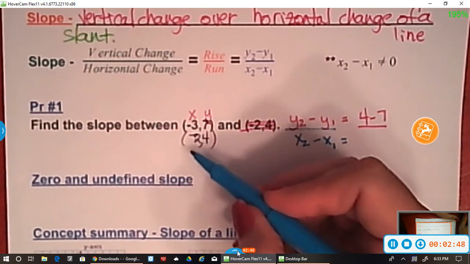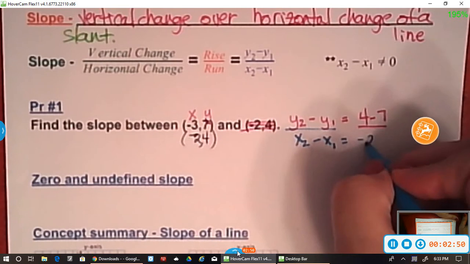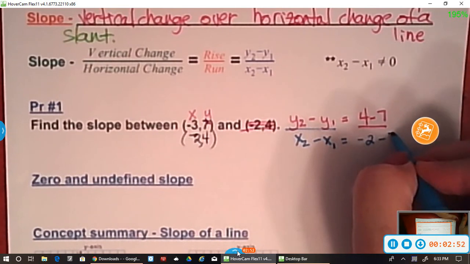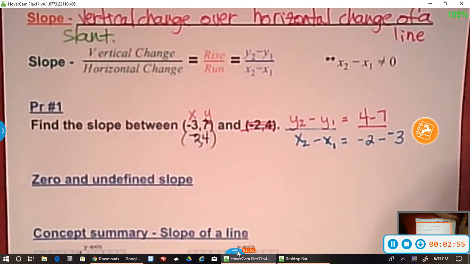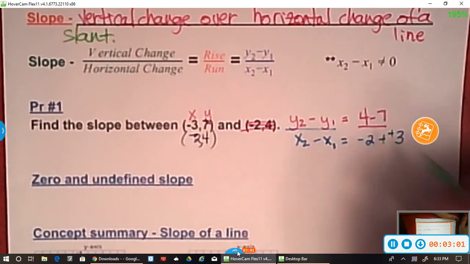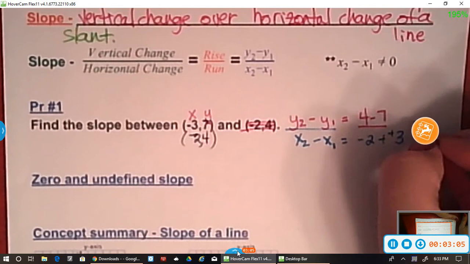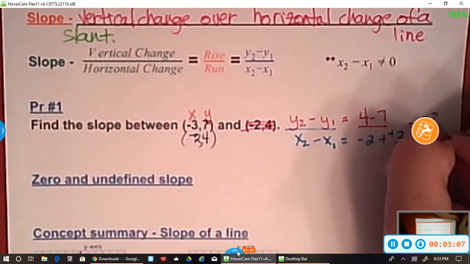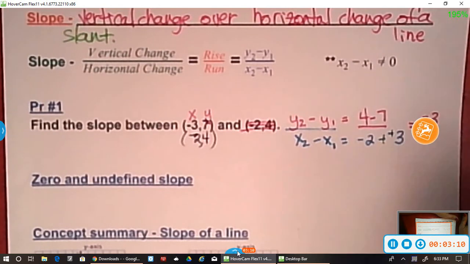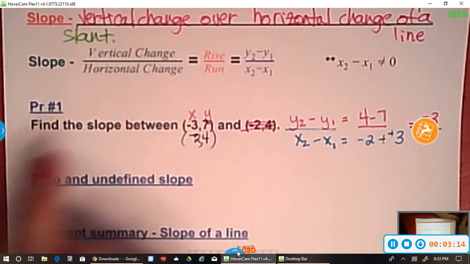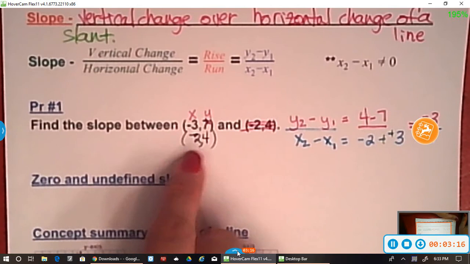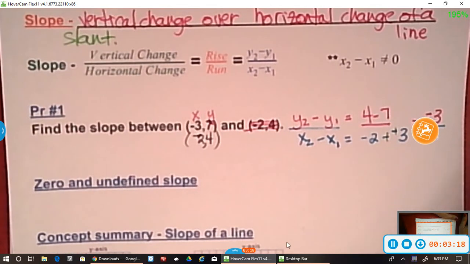So the second x is negative 2, the first x is negative 3, and that is minus a negative 3. Remember, minus a negative is the same thing as plus a positive. So now, when you simplify those, on the top you get negative 3. On the bottom, you're going to get 1. So the slope of the line between these 2 points is going to be negative 3.